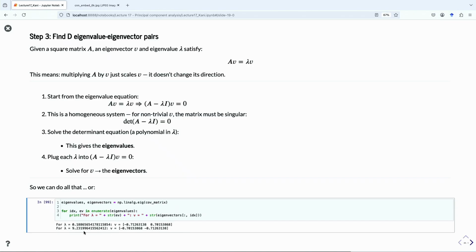And for the eigenvectors we get, for one eigenvector the eigenvalue is 0.2, and the eigenvector is basically -0.7, +0.7. And the other eigenvalue is 9.2, and the eigenvector is -0.7, -0.7. Okay, so the unit vector x, y versus the x, negative y unit vector. Those are the same two vectors that we saw earlier in the lecture, right?